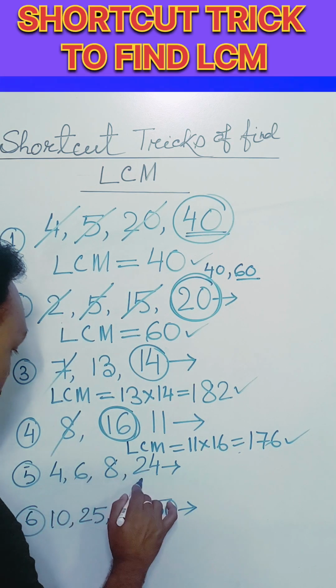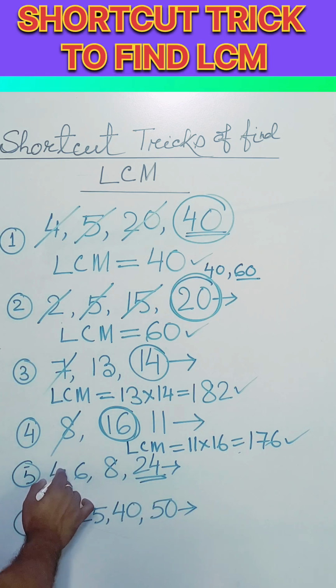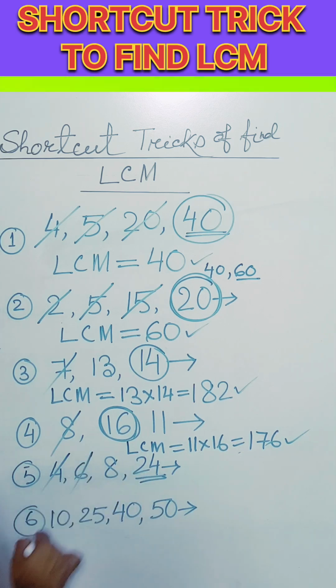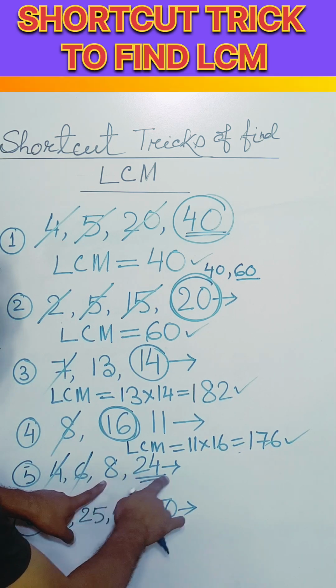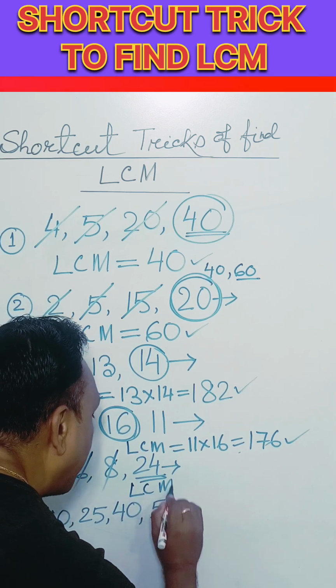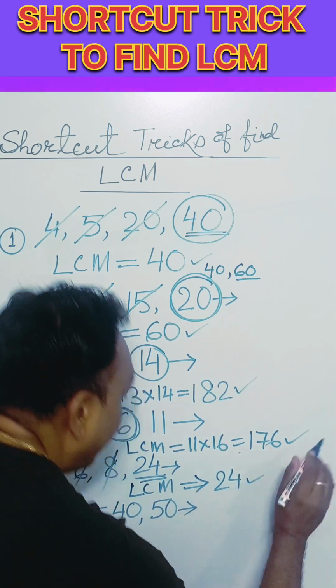Now check this one. 24 is the highest among all these numbers. Yes, it is divisible. In the table of 6, 24 is there. In the table of 8, 24 is there. So the LCM is nothing but this 24. Is it clear?